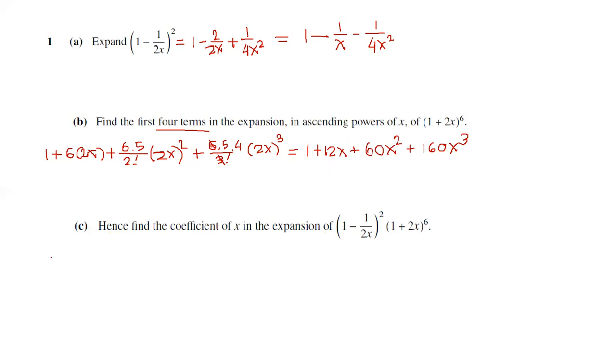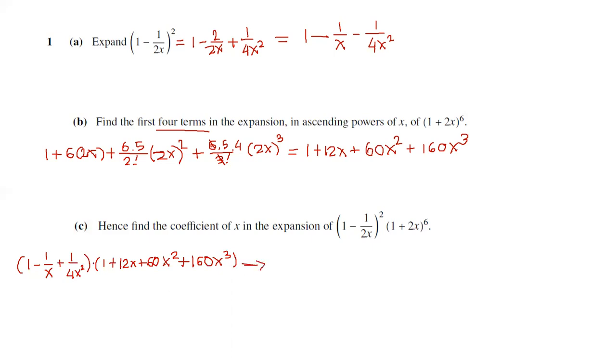I'm going to write (1 minus 1 over x plus 1 over 4x squared) times (1 plus 12x plus 60x squared plus 160x cubed).